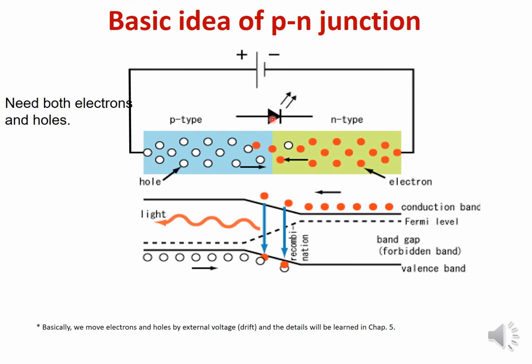And in n-type material, you intentionally add electrons. So p-type material and n-type material are attached to each other. There comes an interface in between, and you turn on the external bias like this. If the p-type material is connected to the positive bias and the n-type material is connected to the negative bias, then it is called forward bias.